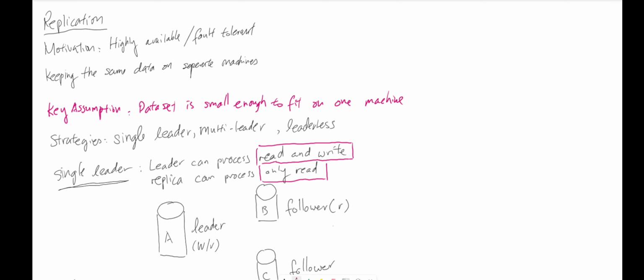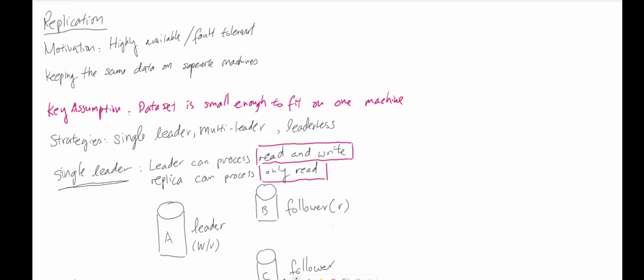We begin by talking about the formal definition of what replication is. Replication is the idea that we want to keep the same data on separate machines connected through some network. In our introduction to replication, we are going to make a key assumption: the data set is small enough to fit on one machine.